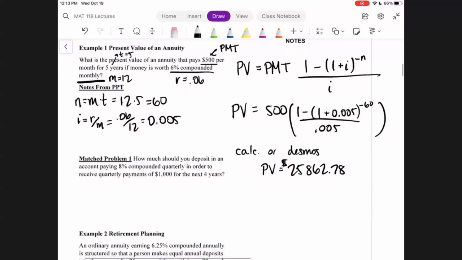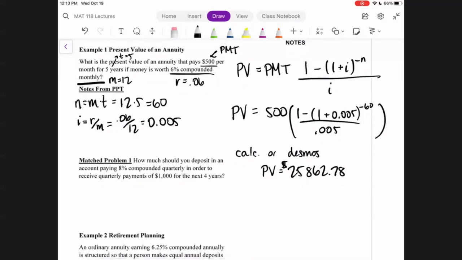Okay. And you can also calculate how much interest is actually made. So if you think about it, just hypothetically, if you do 500 times how many payments would you get? 60, right? So this is what you would put in now, and you're going to get money back. That's how much you would get back, 500 times 60.